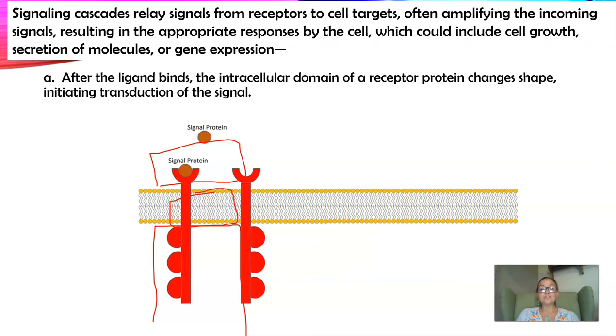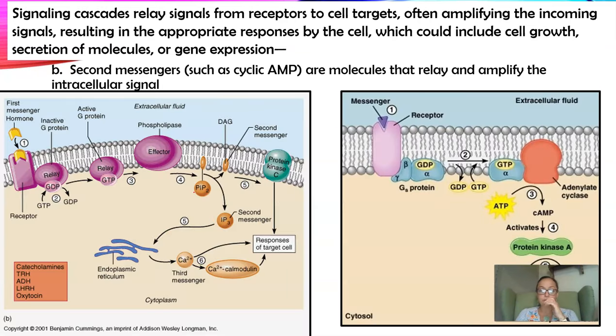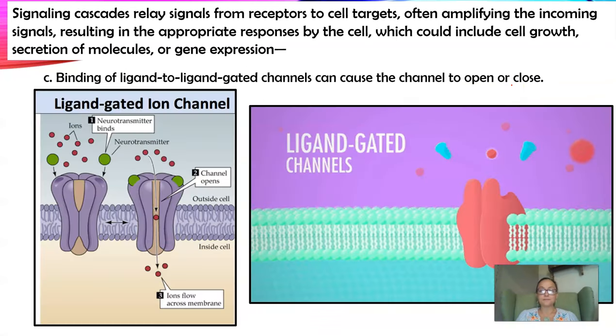And if a mutation happens in any of these parts, it could impact the cell signaling ability of that cell. Okay, so I liked this picture because of this second messenger that's not cyclic AMP, to show that there's more than just cyclic AMP that will relay or amplify the signal within the cell.